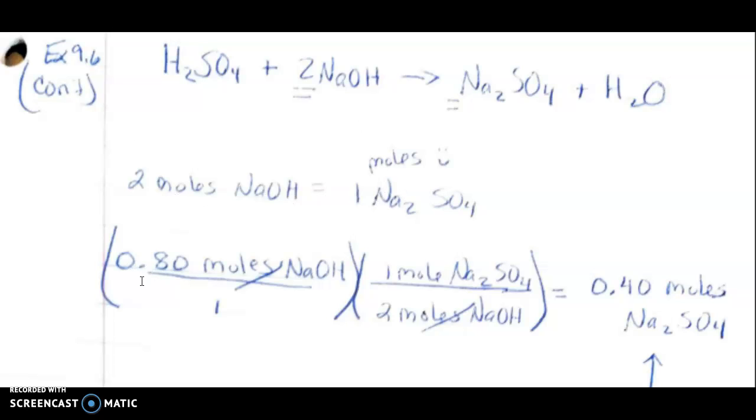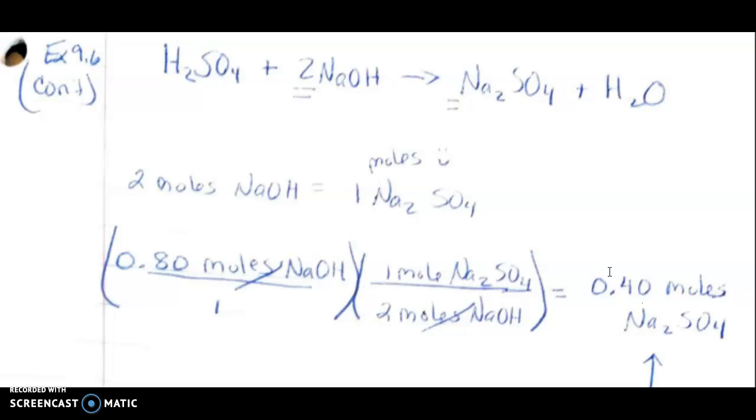So we start out, what we have is 0.80 moles of sodium hydroxide, and in order to cancel those out, we're going to divide by 2 moles of sodium hydroxide, and that will leave us with the number of moles of sodium sulfate. And doing so it's 0.80 divided by 2, which will give us 0.40 moles of sodium sulfate.